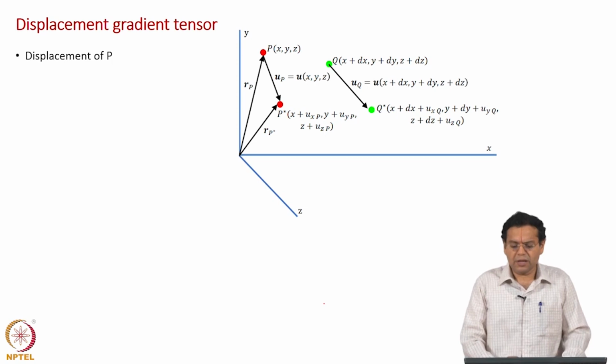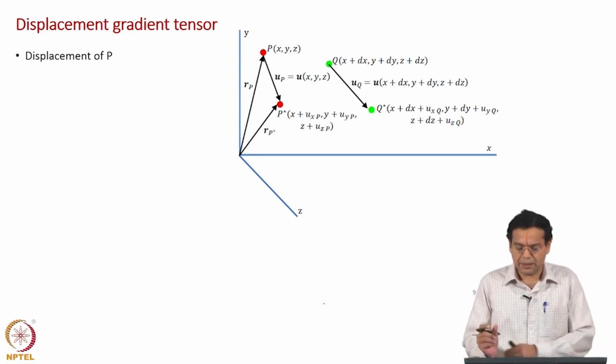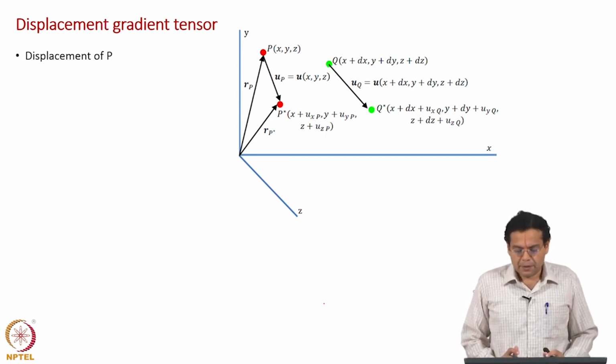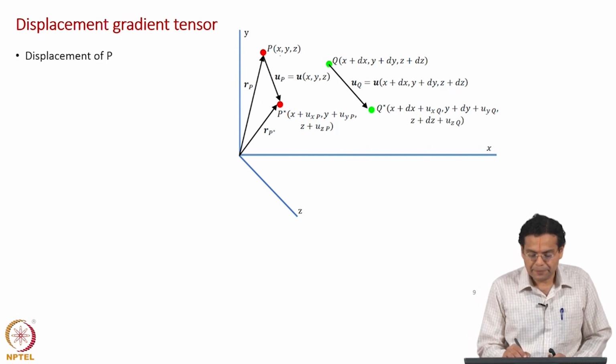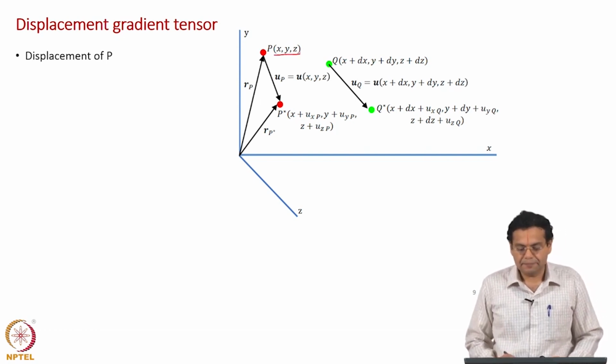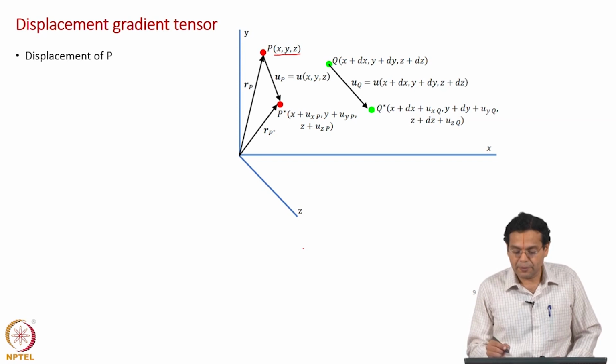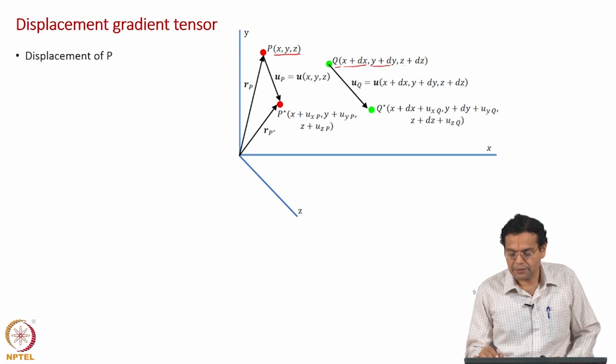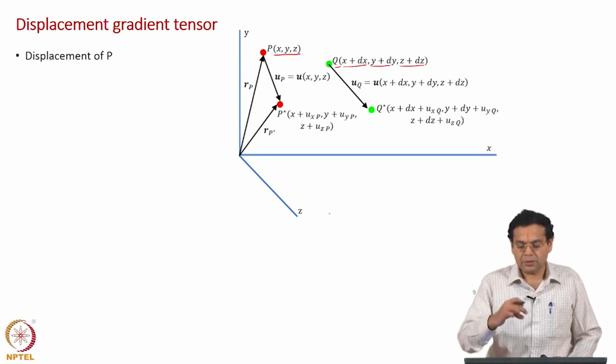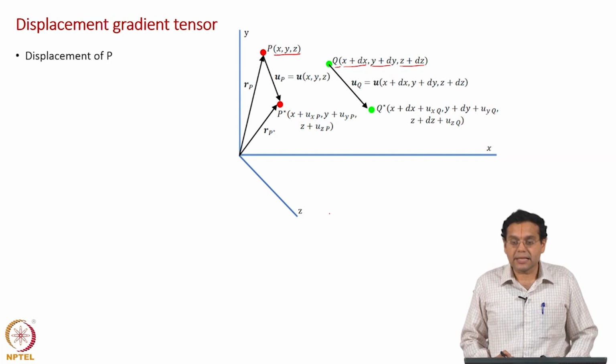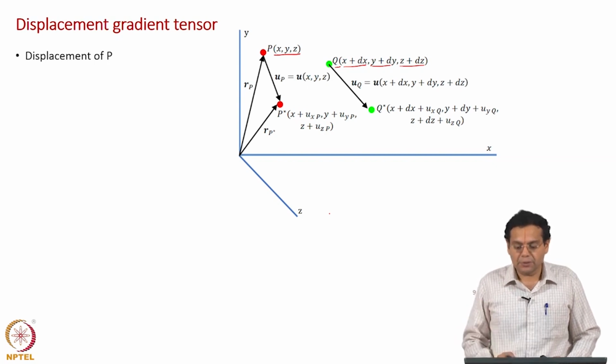Okay, now we will focus on the point Q as well. Now P is at a point x, y, z. I have another point, neighboring point Q, which is at another location x plus dx, y plus dy, z plus dz. Okay. So the x, y, z distances between P and Q are dx, dy, dz.